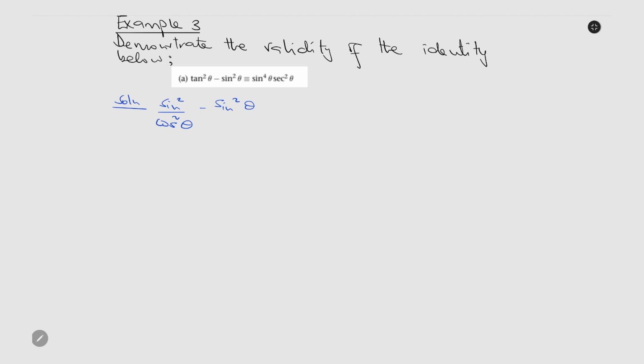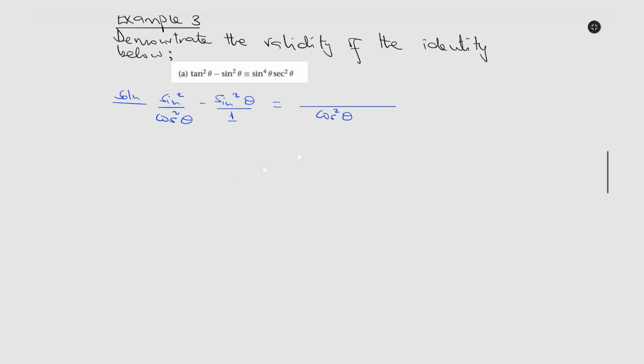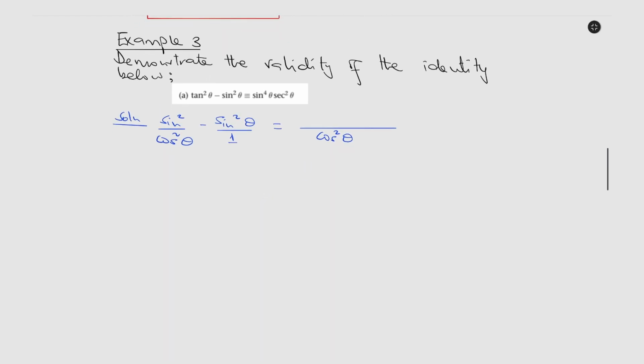Okay, so next, what do I do there? We can find the LCM, so that my LCM will be cos squared theta. Yeah, that could work. I see two ways of doing it. Let's just work with this one that I've already started working with.